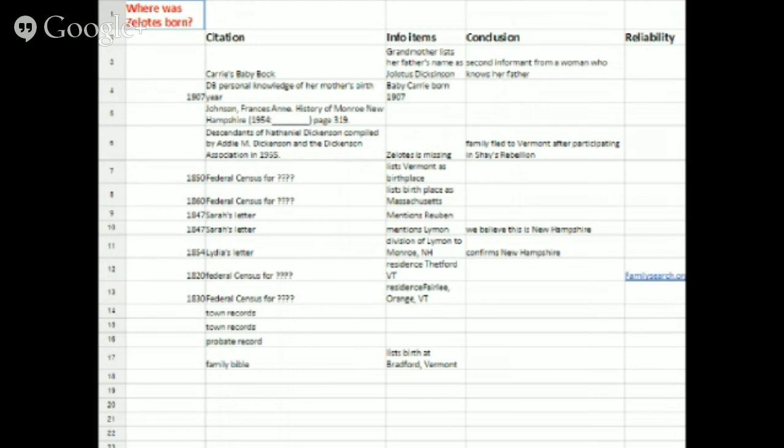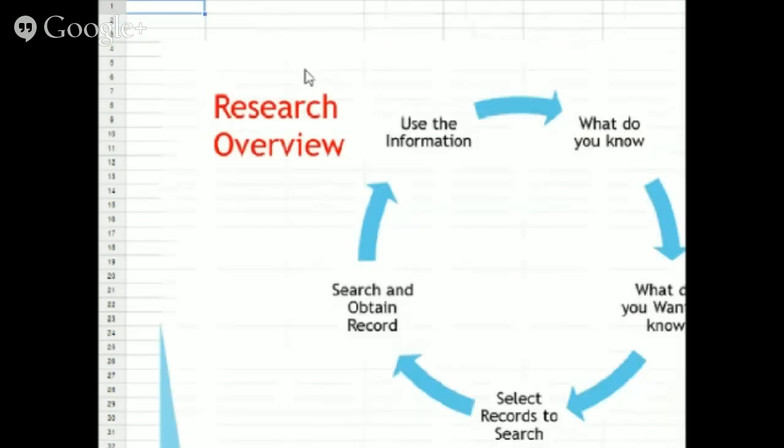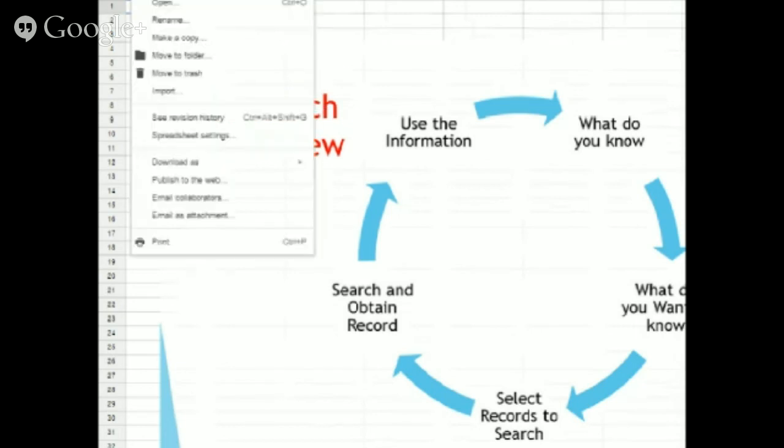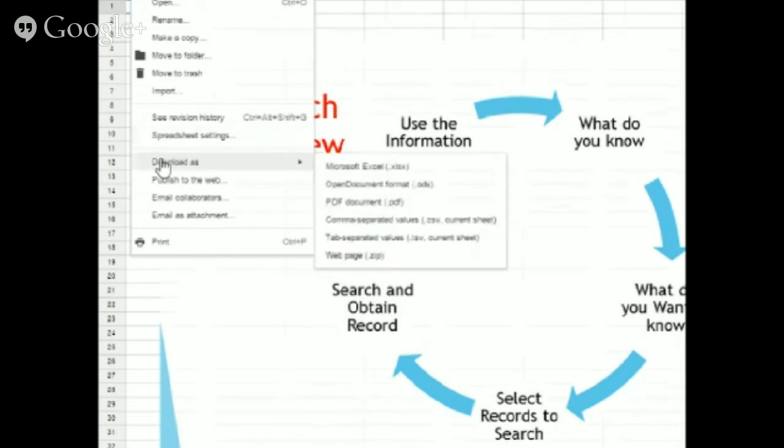So this is just a very quick example. I didn't make a blank conflict resolution because you may have your own way of doing it. So what I want to go through just very briefly is this Google Sheets is for your use. If you want to download it, go to File, and then download as an Excel spreadsheet if you have Excel, an open document format for another spreadsheet program.